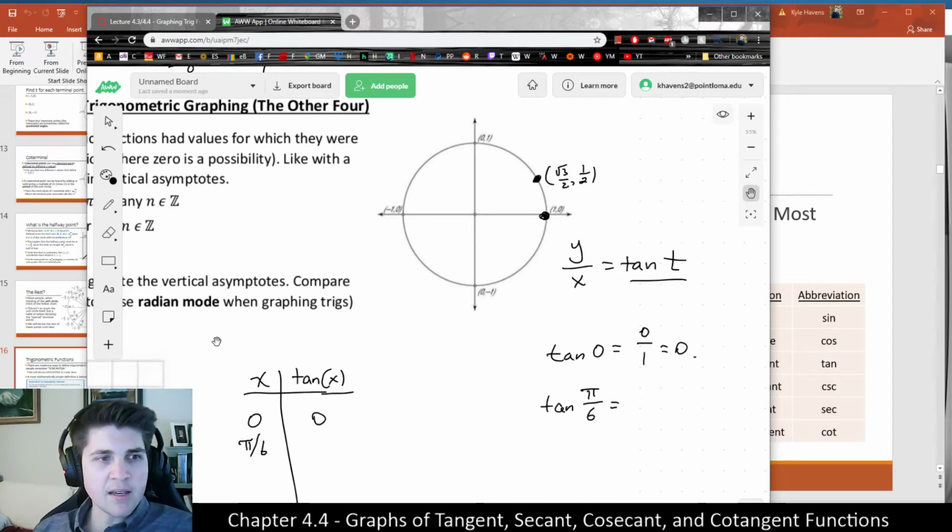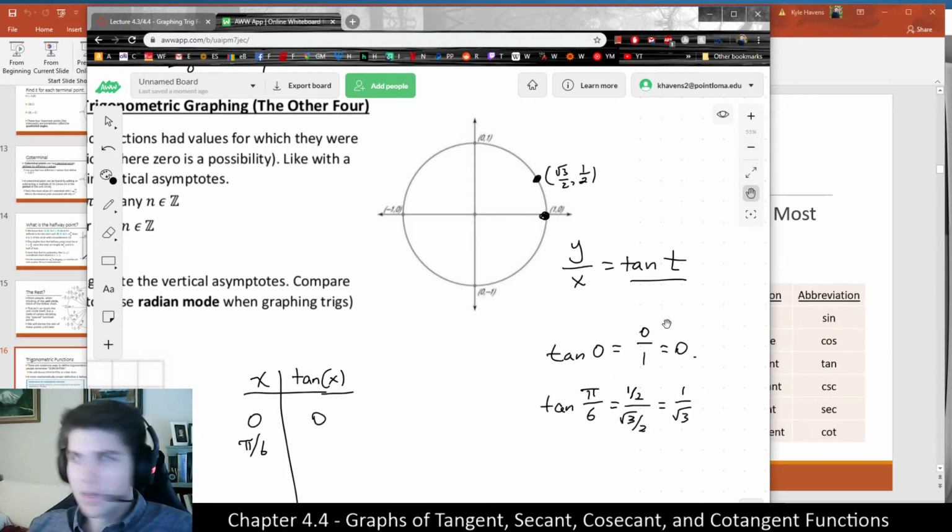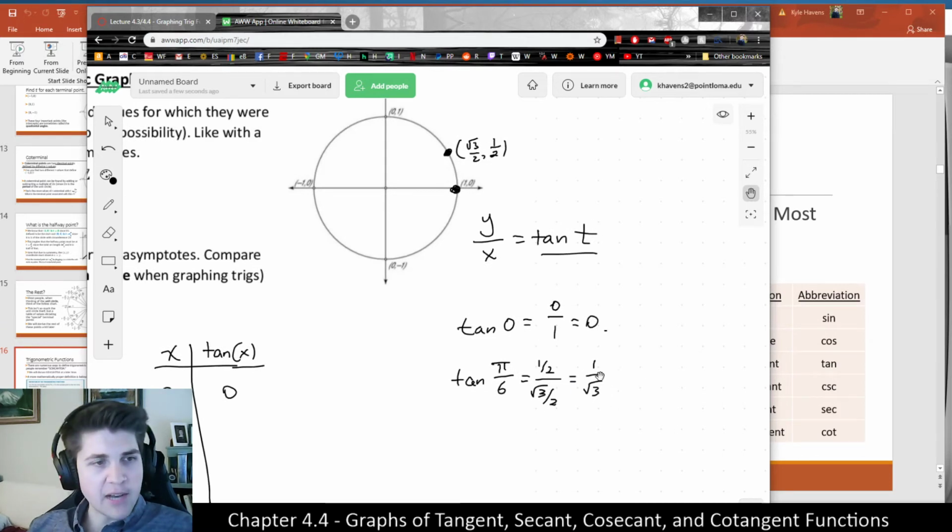Basically, y was 1/2 there and x was root 3 over 2. So the tangent of pi over 6 will return that ratio. And as I described before, the 2's will cancel, and that will leave us with 1 over root 3, which could be rationalized to be root 3 over 3.